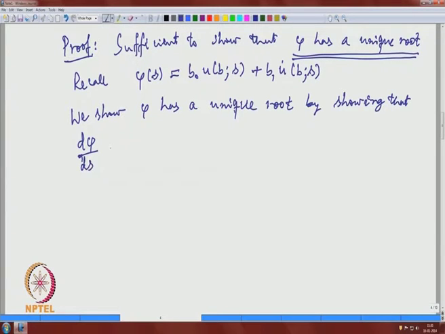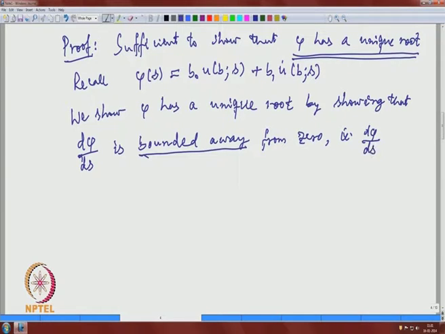That is, d phi by ds is bigger than or equal to c positive, or d phi by ds is less than or equal to minus c, strictly less than 0, for all s. So, either for all s it stays positive, or it stays negative.